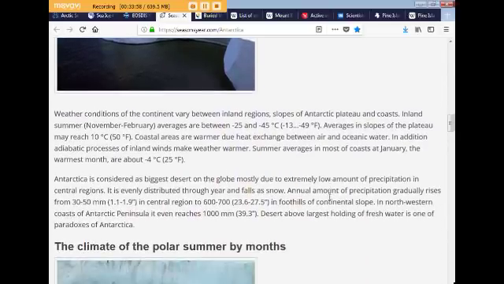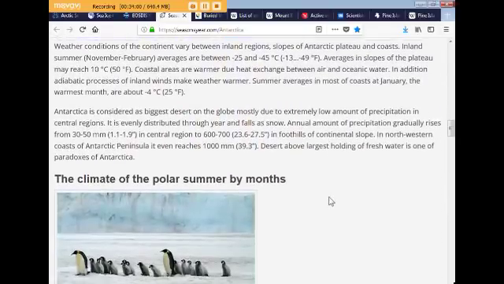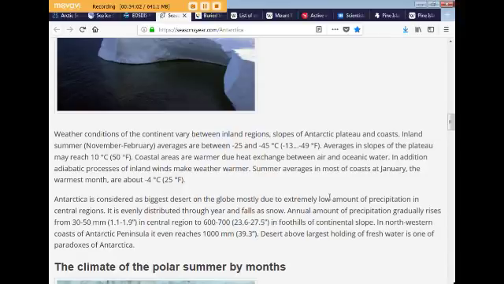Summer in the Antarctic. It says November through February.